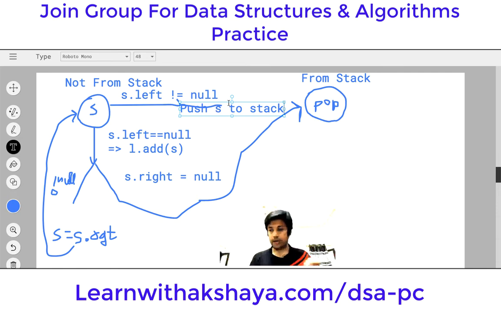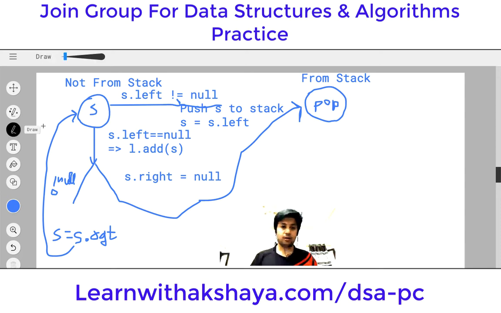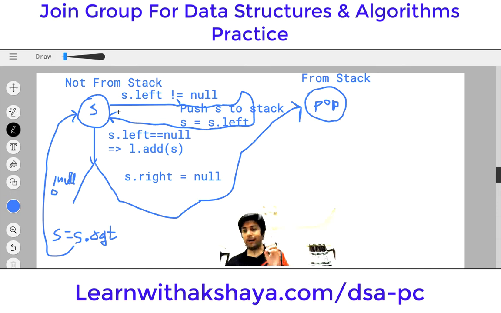Push s to stack, and then s is equal to s dot left. And after doing this, go back to the same state. Probably I made some mistakes over here, but when we go to the code, things will be rectified, right?